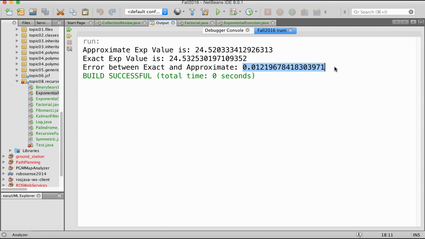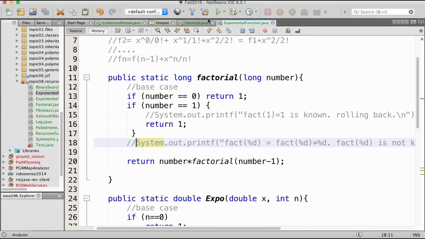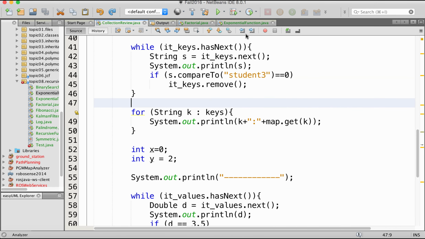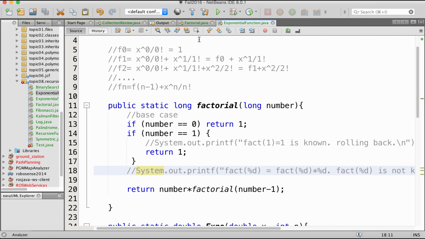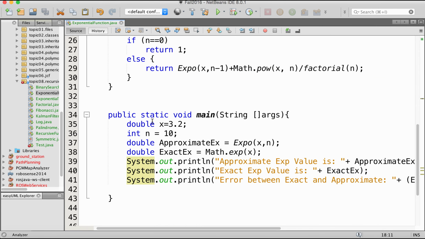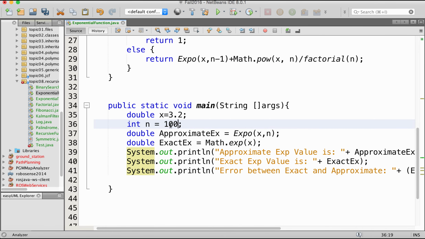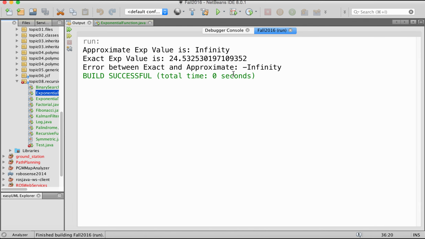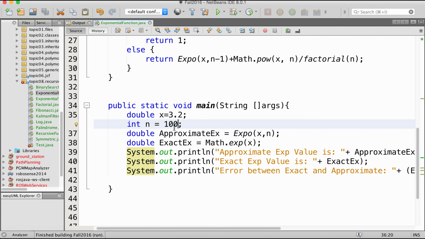Is it a good approximation? Yes. So we can see now, if I put n larger, what will happen to the error? This is too much.